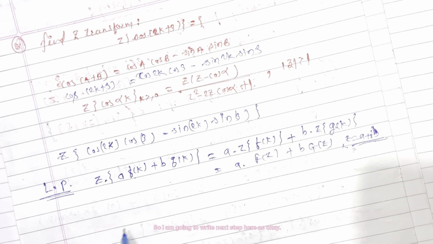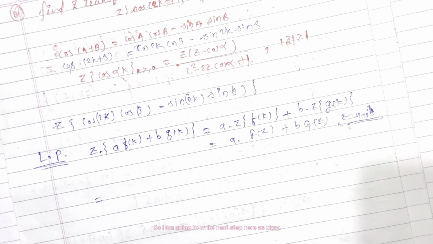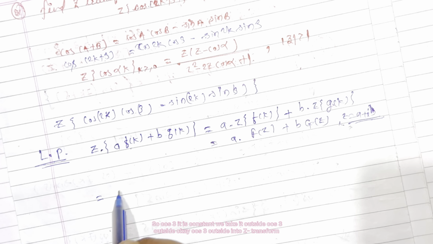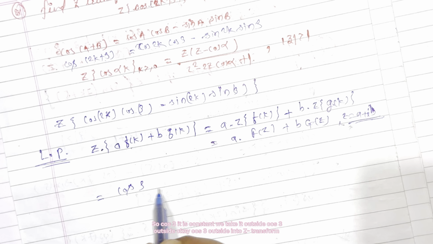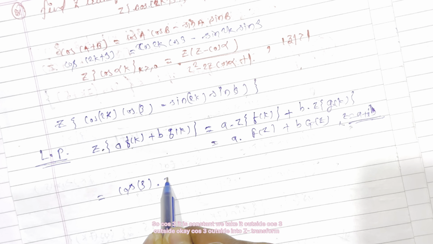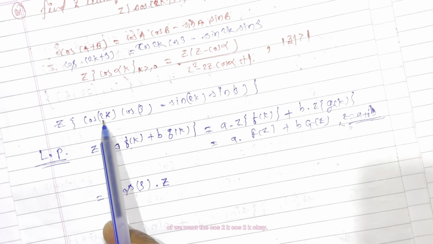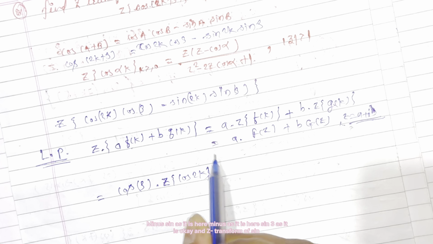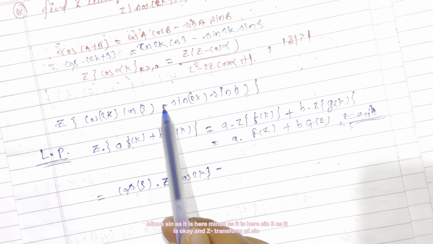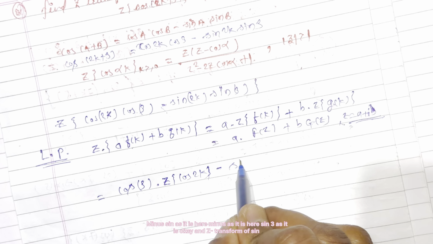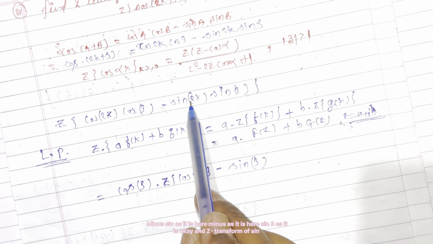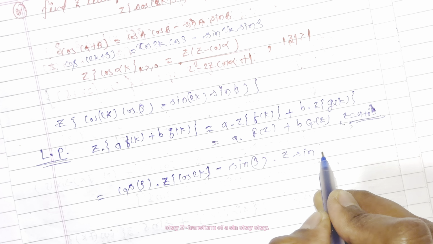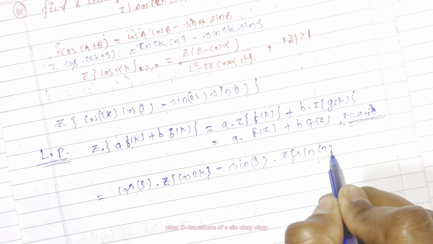So I'm going to write the next step here. cos 3 is a constant, we take it outside, cos 3 outside, into the z transform of cos 2k, minus sin 3 as it is here, and the z transform of sin 2k.